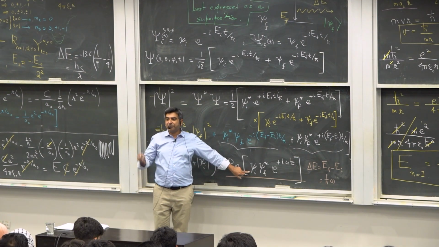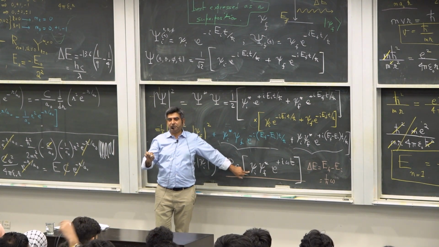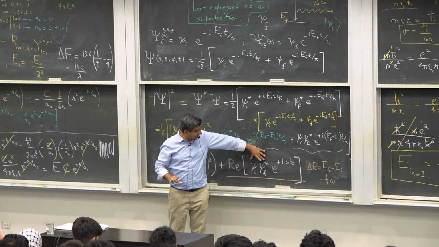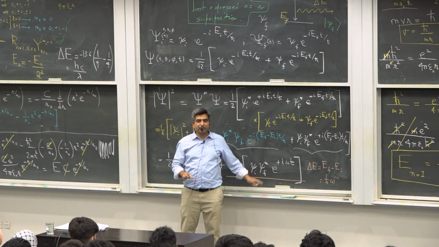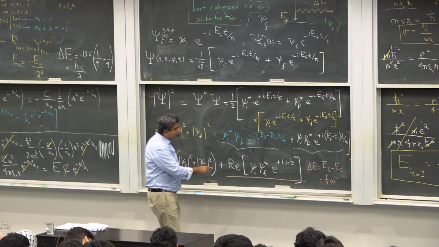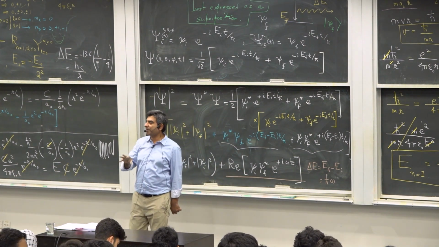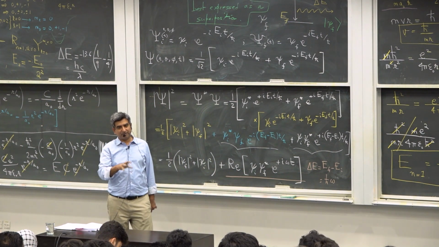If my psi I is real, my psi f is imaginary, then psi f star is real. So this is real. Then I take the real part of this, I'll get a cosine omega t term. So depending upon whether these are real or imaginary, I'll get either a cosine omega t term or a sine omega t term in my answer.